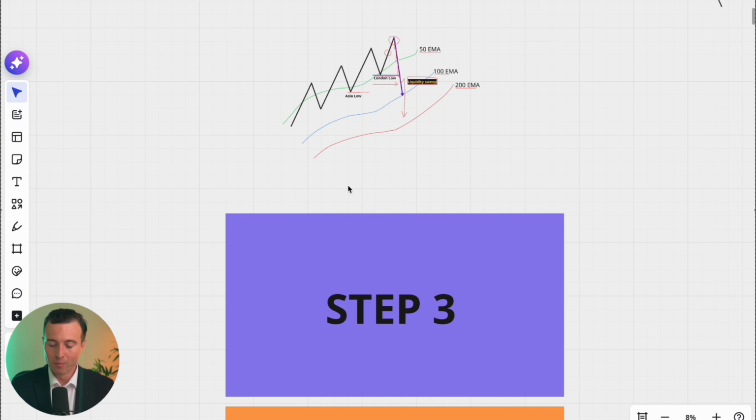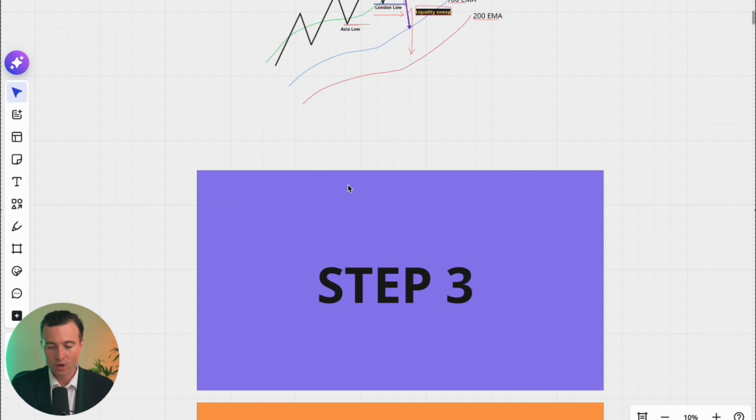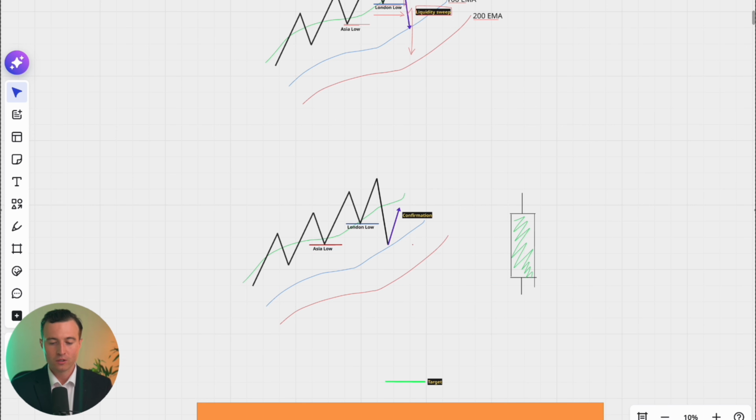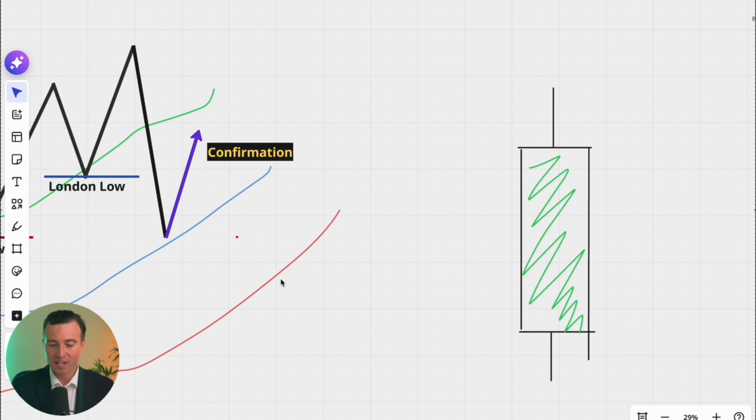Step number 3 will allow you to know what to look for in a valid A+ confirmation. So all that we are looking for, once we have seen a liquidity sweep below the London low or below the Asia low, is a 15-minute bullish confirmation.